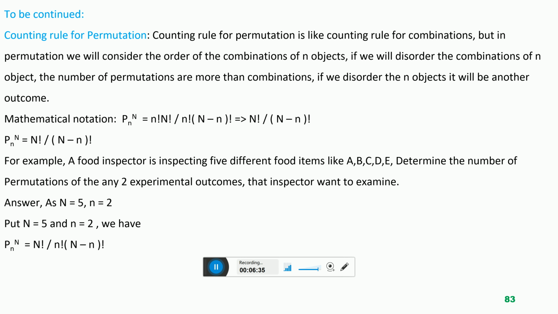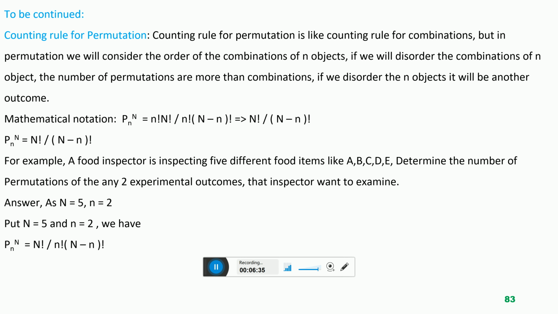So determine how many combinations are possible if the inspector is choosing 2 items from the 5.